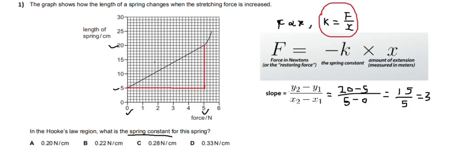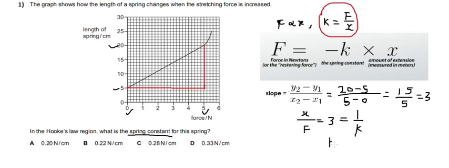So what is the y-axis? The y-axis is the length, I can express that with the letter x, and the x-axis is the force. So the slope, x divided by force, is 3. And what is the spring constant? It is F divided by x. So this slope should be equal to the reciprocal of the spring constant, because the spring constant from the formula is F divided by x, and from this slope we are getting x divided by F. They are reciprocal to each other, so it should be 1 by k.